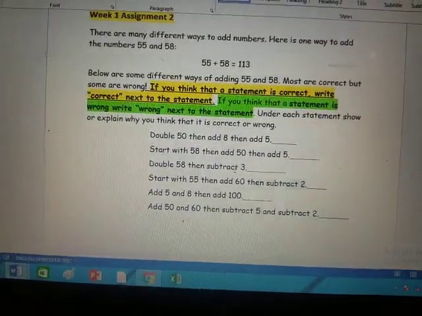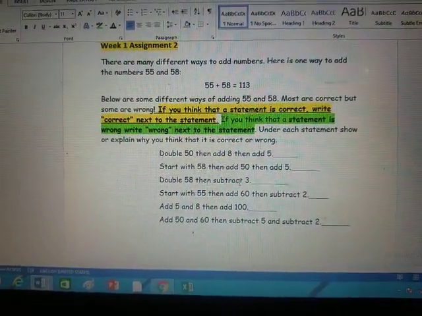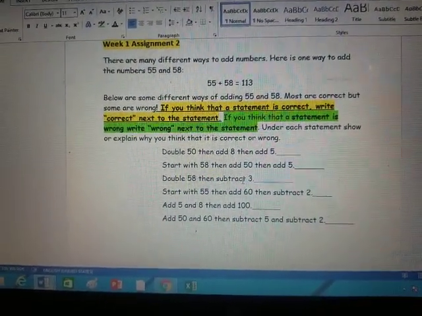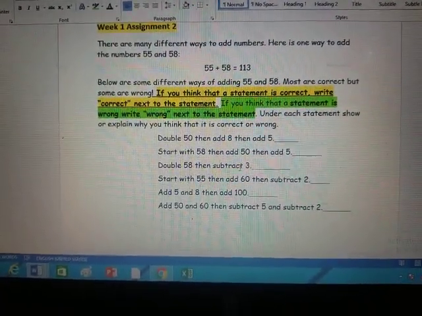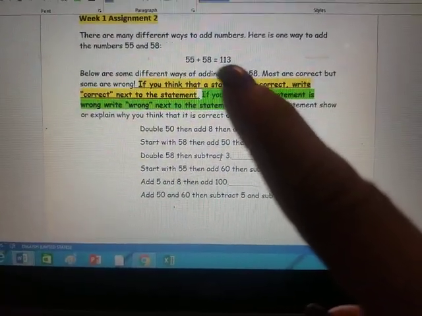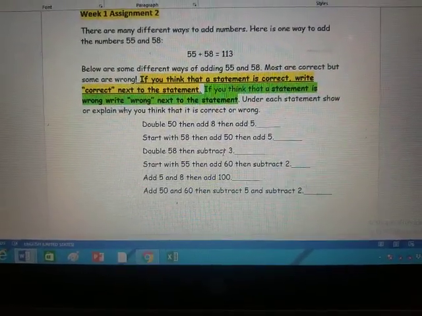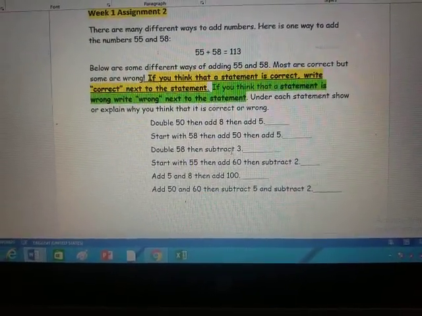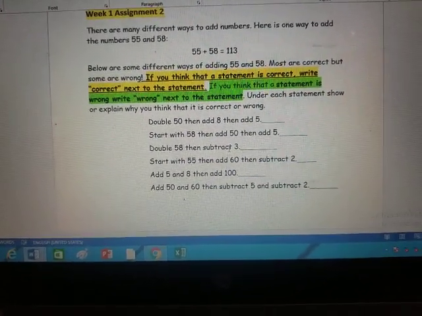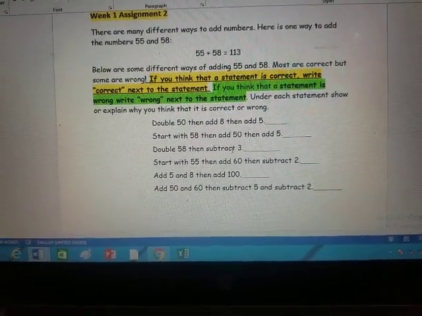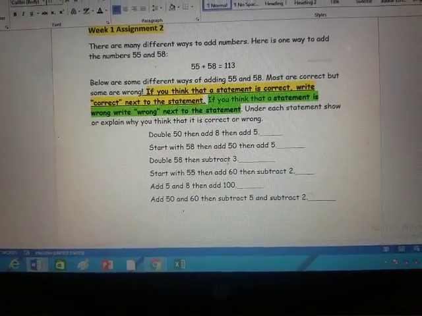So for assignment 2, there are many different ways you can add numbers. Here's one way to add the numbers 55 plus 58. 55 plus 58 is 113. Below are some different ways of adding 55 and 58. Some are correct, some are wrong. If you think the statement is correct, write correct next to the statement.